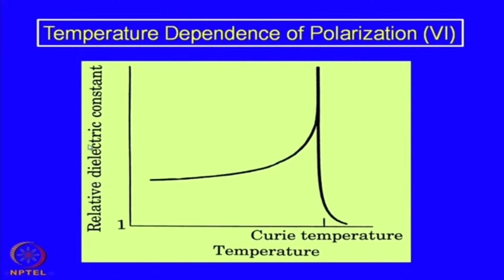So, you have a relative dielectric constant on this side and temperature on this side. At a particular temperature, which is known as the Curie temperature, the dielectric constant goes through a very high peak. In fact, as has been mentioned, ideally it should be infinity, but in practice it goes through a very steep or sharp peak. Okay. So, this is the characteristic of the ferroelectric behavior as a function of temperature.